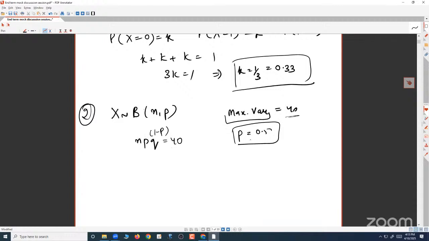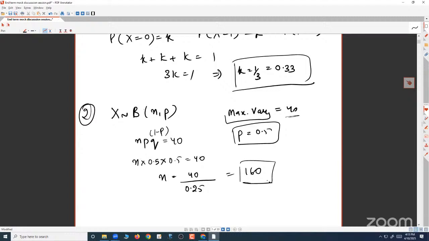The value of p is 0.5, so q is 0.5. So n into 0.5 into 0.5 equals 40. Now solve: n is 40 divided by 0.25, which equals 160. The value of n is 160.